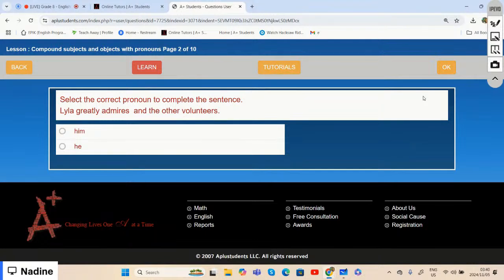The next one says, Lila greatly admires. Do we say him and the other volunteers, or Lila greatly admires he and the other volunteers?